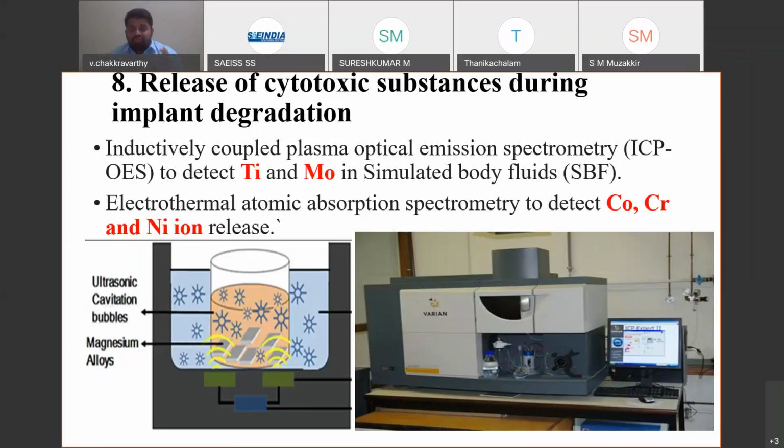So how can I find which elements are released, especially during corrosion? For that, we need two pieces of equipment. One is inductively coupled plasma optical emission spectroscopy (ICP).